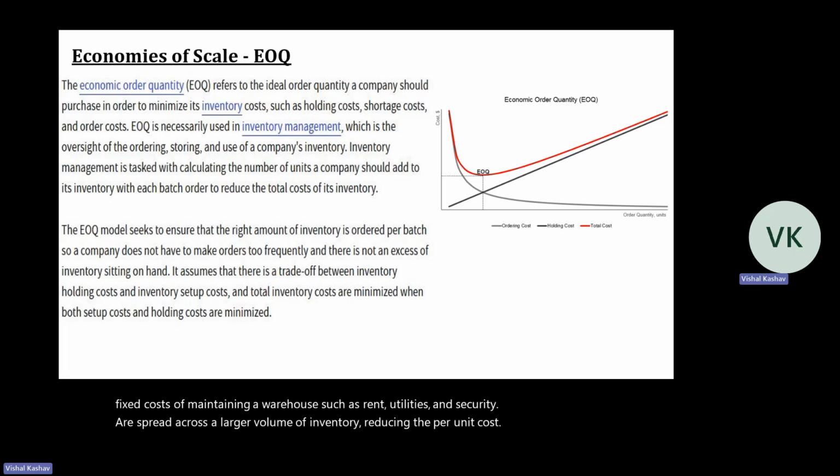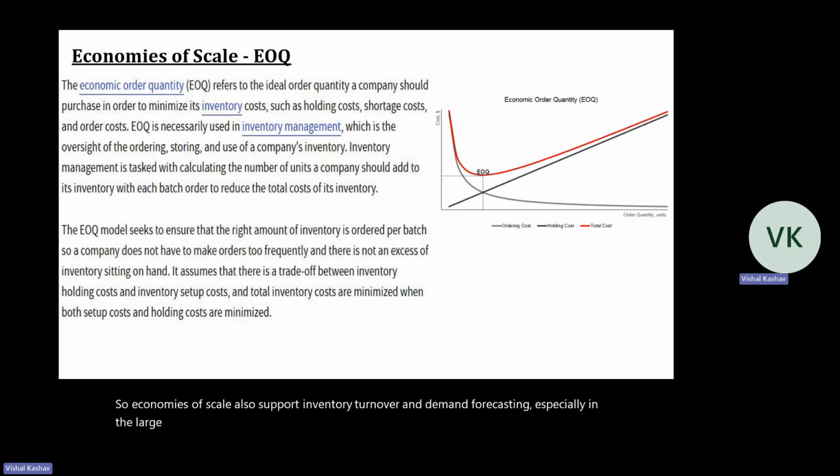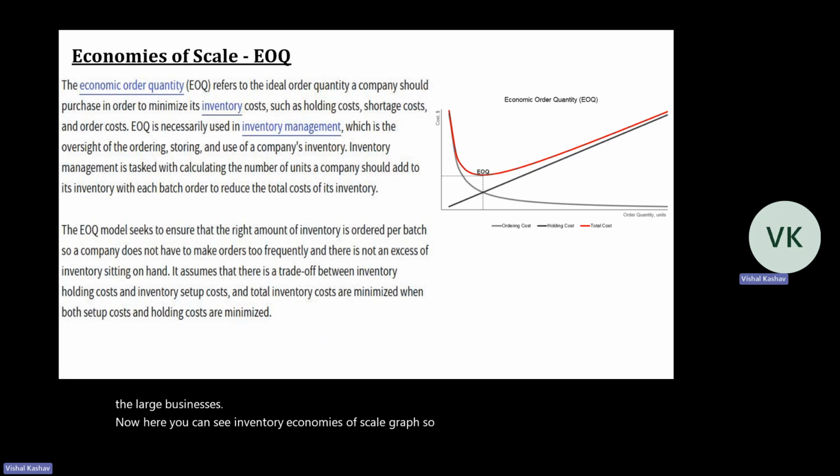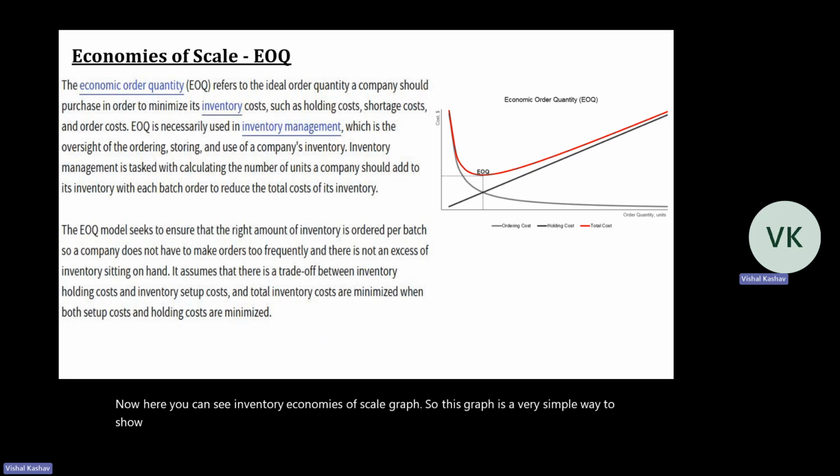So, economies of scale also support inventory turnover and demand forecasting, especially in large businesses. Now, here you can see the inventory economies of scale graph. This graph is a very simple way to show how a business can reduce its costs as it grows larger.